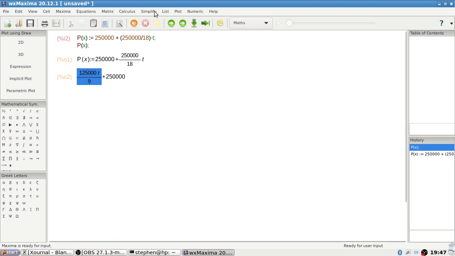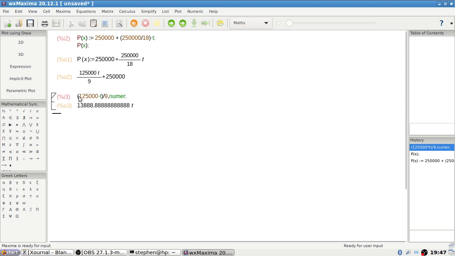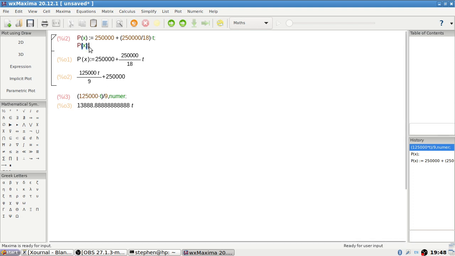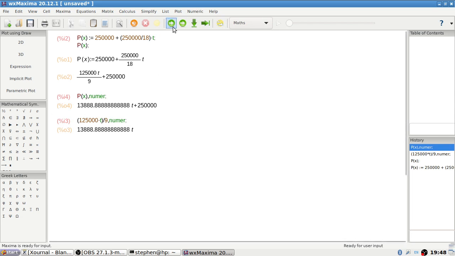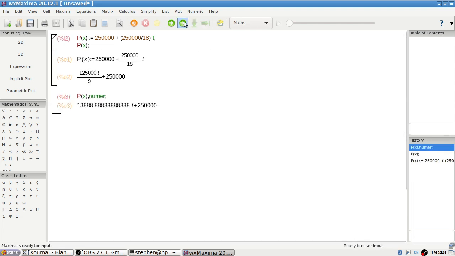Can I get the whole line numeric? Yeah, so actually let's put this as numeric. Right, so there's the function numerically.